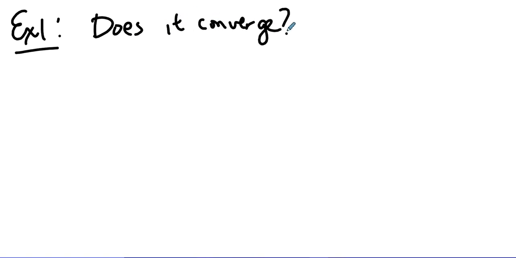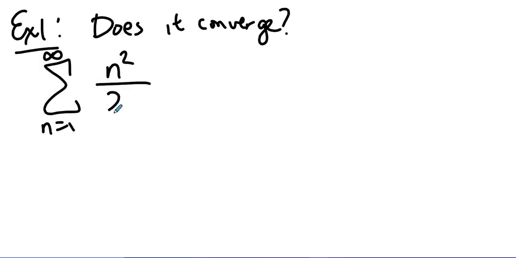So let's play the game. Does it converge? Let's do n squared over 2 to the n. Does it converge? So we can figure out the limit of the nth term. That goes to 0.